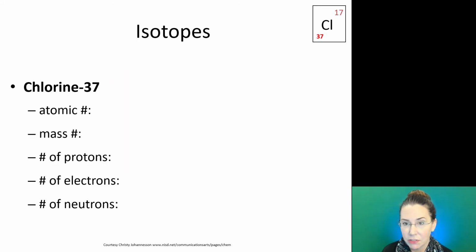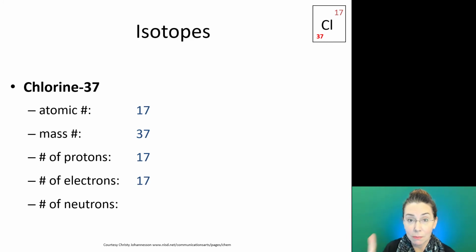There are lots of different isotopes. Let's take a look at chlorine-37. Chlorine-37, what is its atomic number? Its atomic number would be 17. What is its mass number? Well, that would be 37. How many protons does it have? How many electrons does it have?